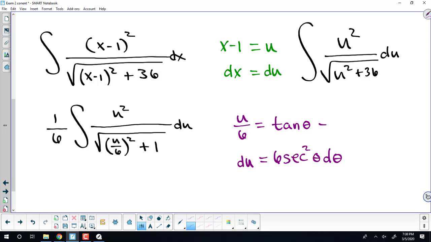And then our u squared is going to be what? 36 tangent squared theta.